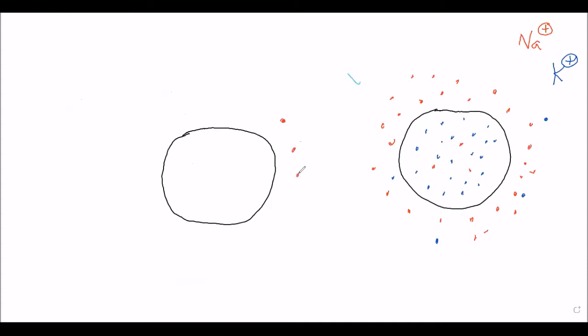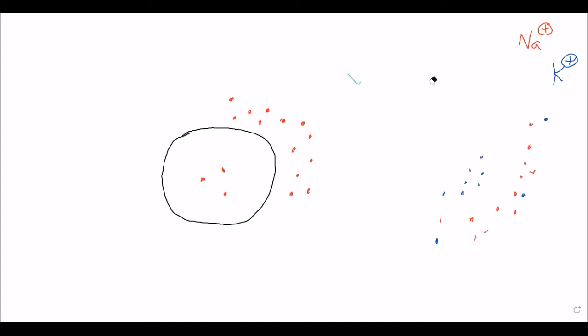So if we have more sodium outside the cell than we do inside the cell, if we have a sodium channel here, a channel, a gate, a doorway, that allows sodium to go into the cell or out of the cell, which way would you expect it to go?